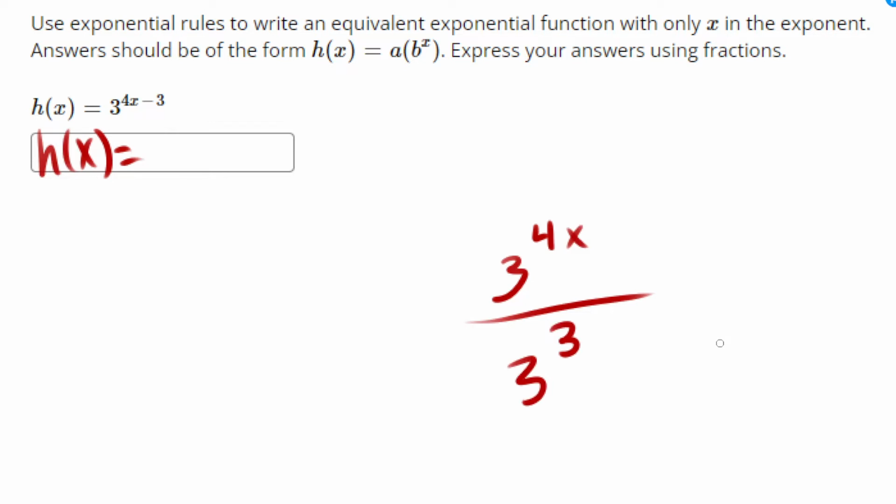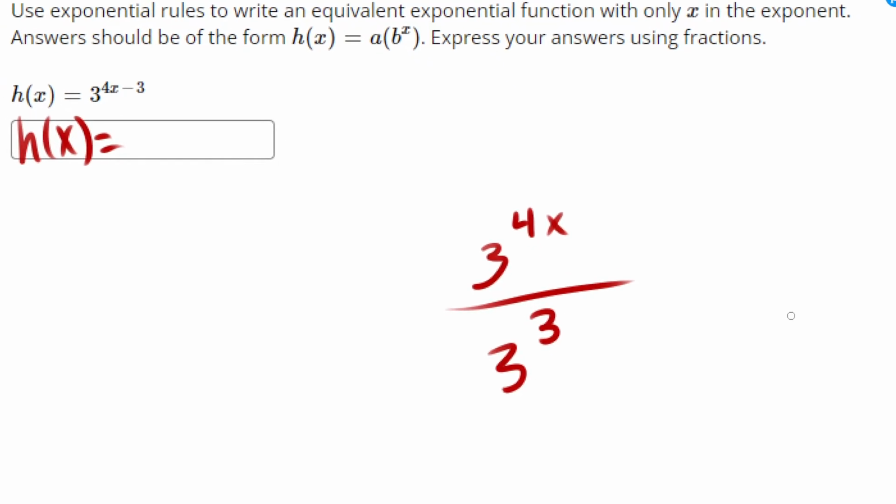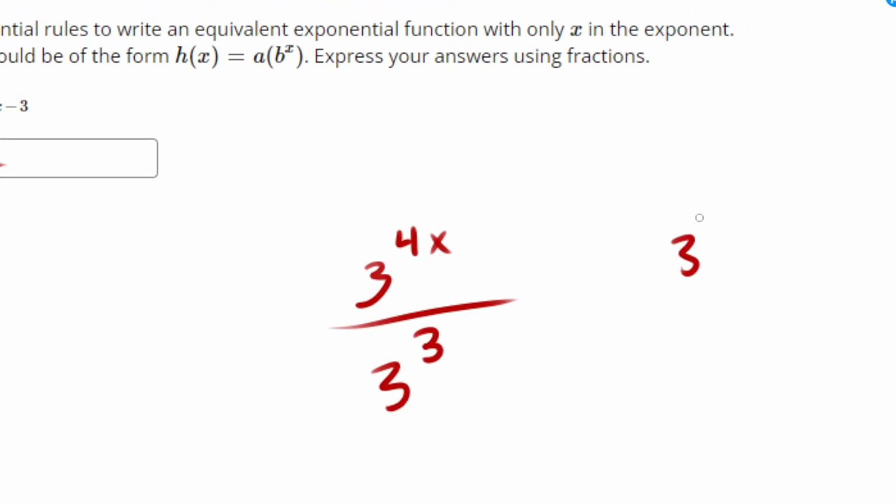That's one thing that we have. Then, when we have it multiplied, it's the same as saying 3 to the 4th to the x, right? That's one way we could do it.